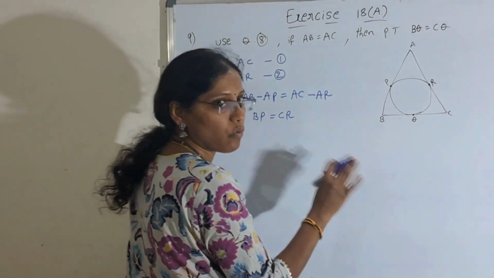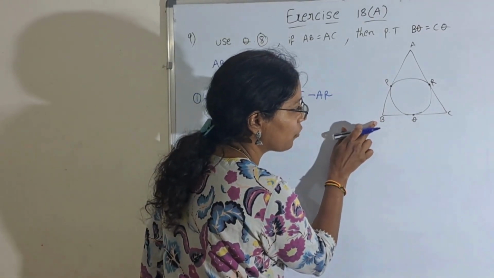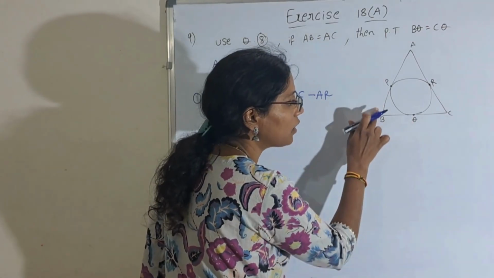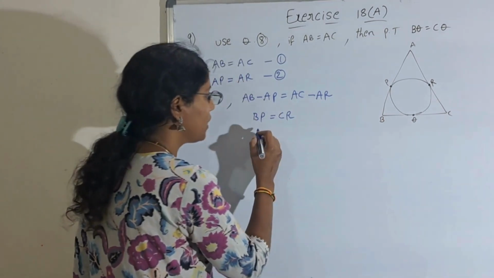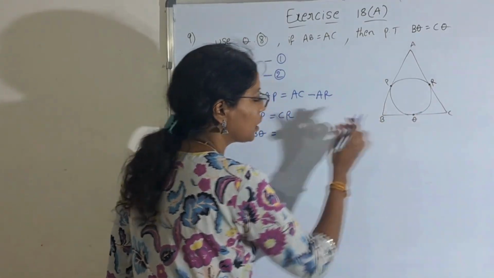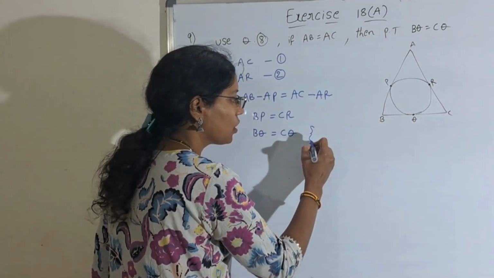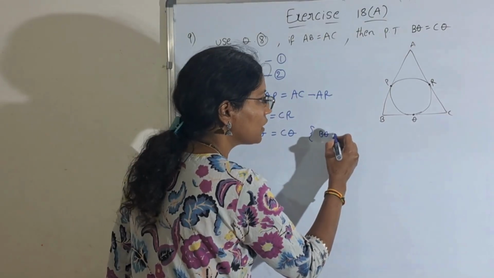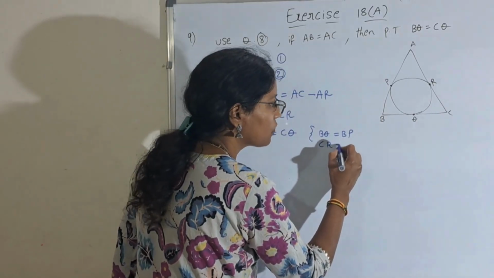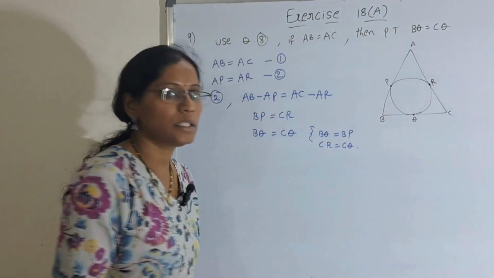From this side we have to observe BP and BQ both are same because these two are tangents to this circle. Here BQ is equal to CR plus CQ we can write. We should write here BQ is equal to BP. Here CR is equal to CQ. Hence proved.